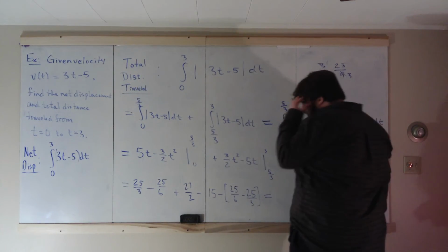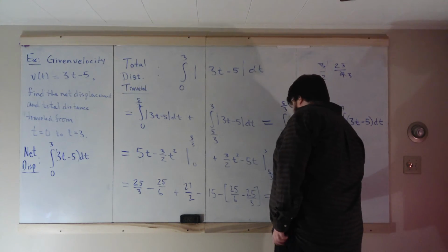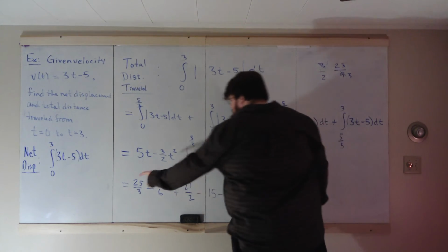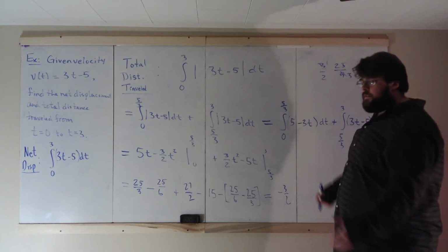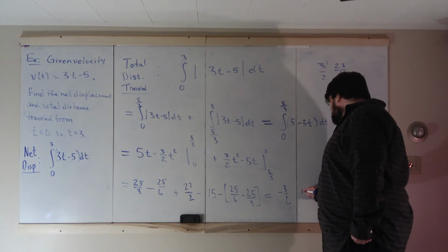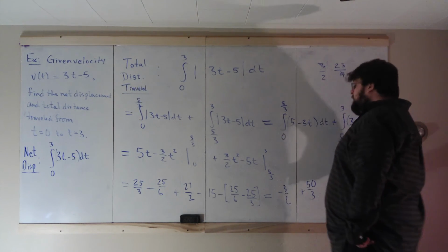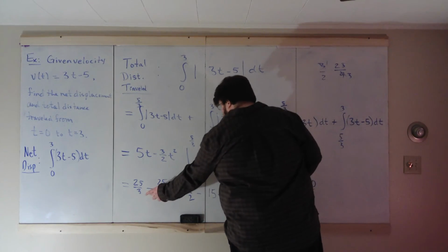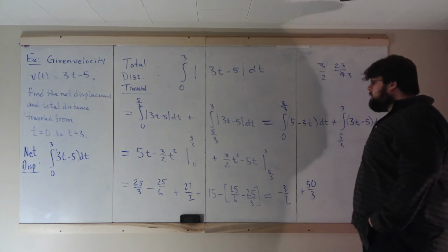Now we have some addition to deal with. What addition will we do? I'm going to combine these two first. That's a negative 3 halves. And then what do we have? 25/3 minus negative 25/3, so 25/3 plus 25/3. That's 50/3. And the other thing, negative 25 sixths minus 25 sixths. What does that give us?